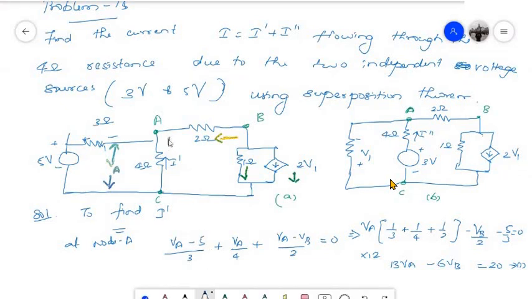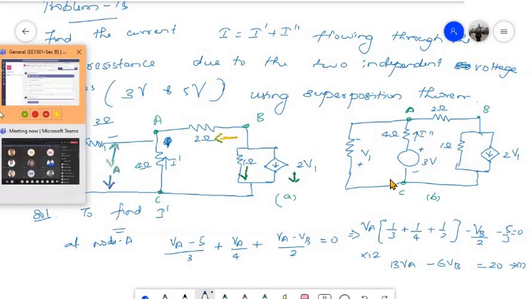Fine? You had actually taken the current in the opposite direction when you analyzed the circuit. So ultimately, when you want I dash, it should be minus VA divided by 4 ohm. That's what I said, that since the direction is given here, you will have to answer accordingly. Had this direction not been there, then it's okay.